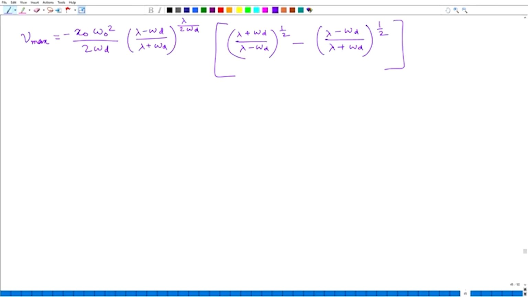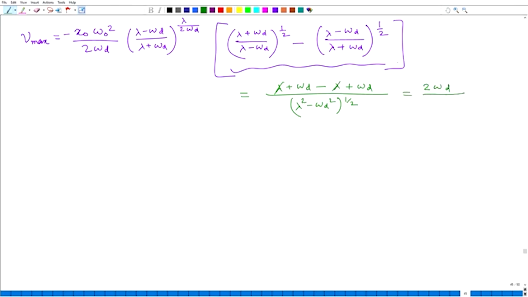So, I can just invert this, okay. And then what is this? So, this you can actually calculate, this is nothing but (lambda square minus omega d square) whole to the half, then I will have lambda plus omega d minus lambda minus omega d, that is plus omega d. So, I will have actually 2 omega d.